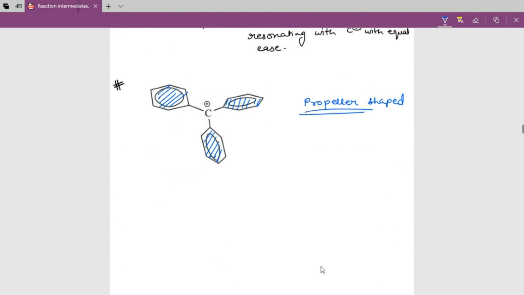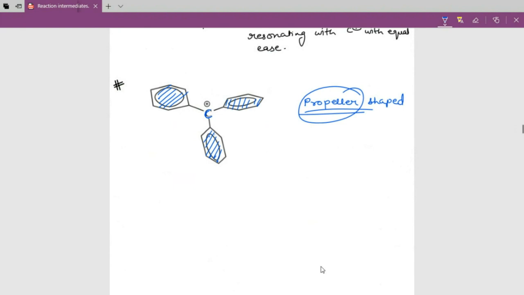Now, how can I exemplify the word propeller? You all might have seen this type of propeller fan structure in big ships or in aeroplanes, or a slightly lesser propeller in fresh air fans that we use in kitchens and bathrooms. They are all examples of propeller shapes. So these are not all planar. But at any point of time, C plus can be in a plane with one ring.